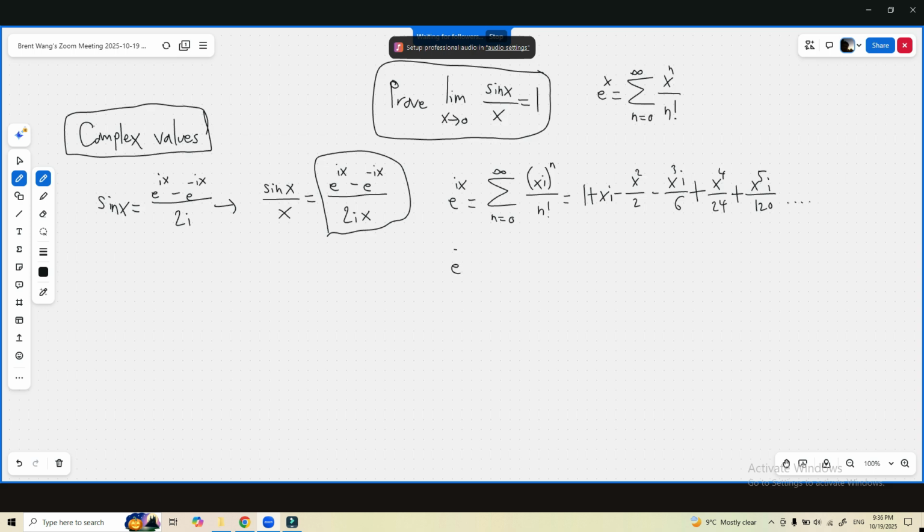Similarly, e to the power of negative ix is equal to the sum from n equals 0 to infinity of negative xi to the power of n over n factorial.